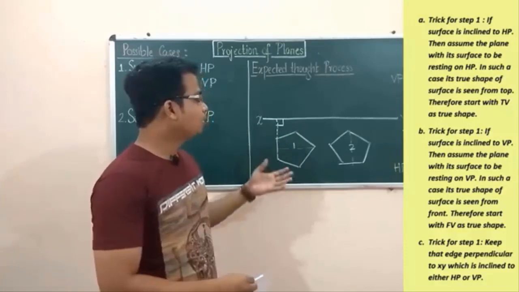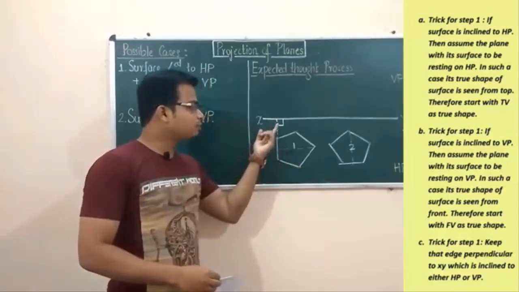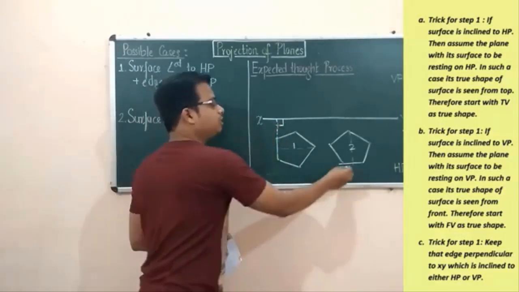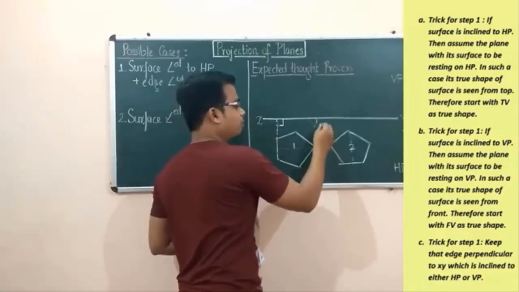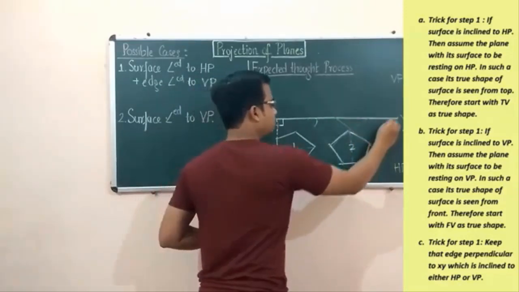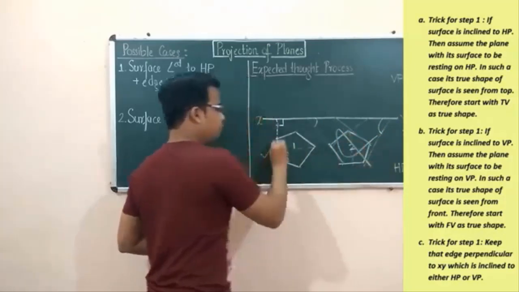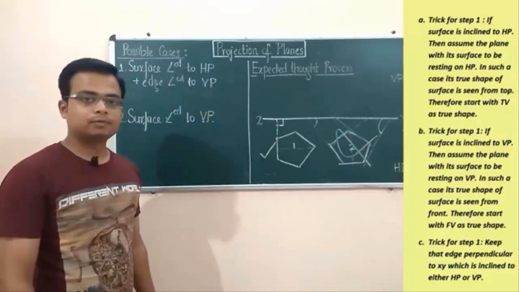Right now we have made this top view, and in this top view, this edge over here is perpendicular to XY, whereas if you consider this one, it is not perpendicular. This is also not perpendicular to XY. Therefore we are rejecting option 2 and we are accepting option 1.